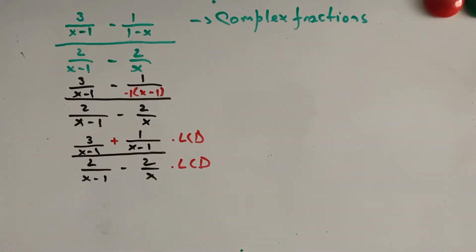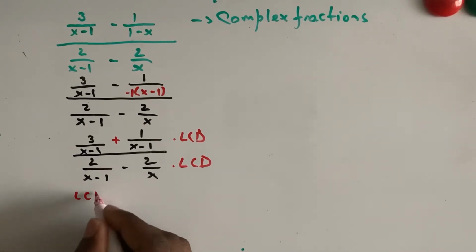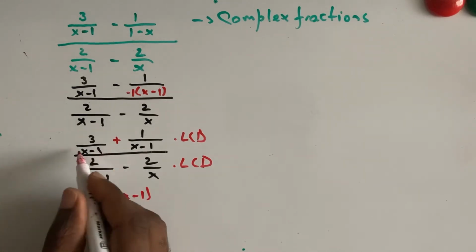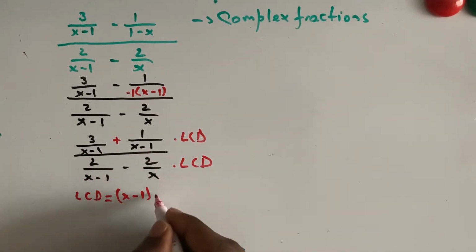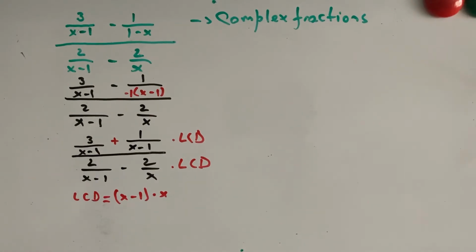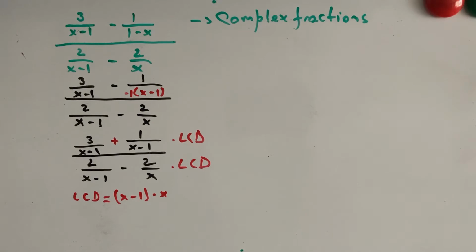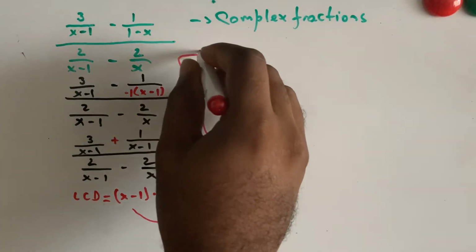Okay, so one thing to do here is to get the LCD. Now, obviously, the LCD in this case will be x minus 1, because you have x minus 1 everywhere, times x, okay? This is the LCD. Now, what am I gonna do? I'm gonna multiply everything by that LCD, okay? So let's go up here. Let me put it like this here to show you where I'm going.